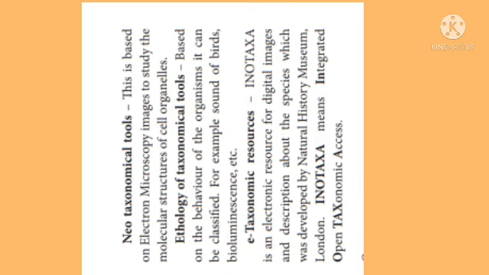Then the taxonomical hierarchy. What is the taxonomical hierarchy? What is the information given under the hierarchy by Carolus Linnaeus? Already I explained. Then what is nomenclature? What is binomial nomenclature?